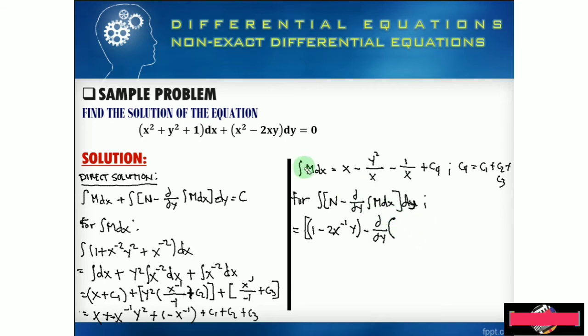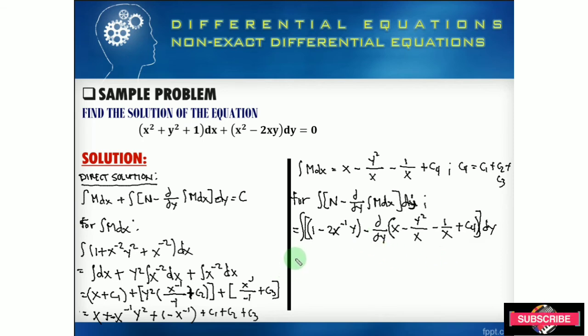So we will just substitute the integral of m dx, which is just equal now to x minus this y squared over x minus this 1 over x plus we have now this c4, okay? And this is here inside the bracket, and this is integral, and this is dy, okay?